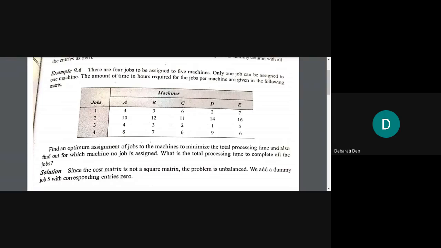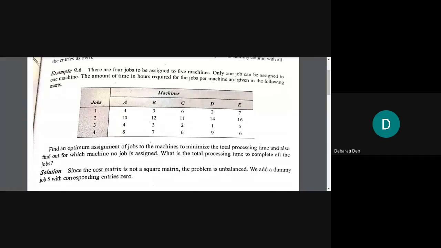Even if it is time, your objective should be to minimize the time in order to process the job. So cost minimization, time also minimization. So same process. Okay. But there is a major difference in this sum. The number of rows is less than the number of columns. So quickly jot down the matrix first, then I will move ahead.